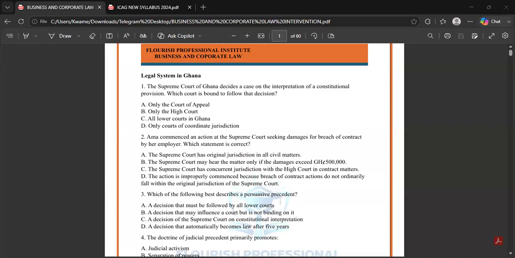C. The Supreme Court has concurrent jurisdiction with the High Court in contract matters. D. The action is improperly commenced because breach of contract actions do not ordinarily fall within the original jurisdiction of the Supreme Court.